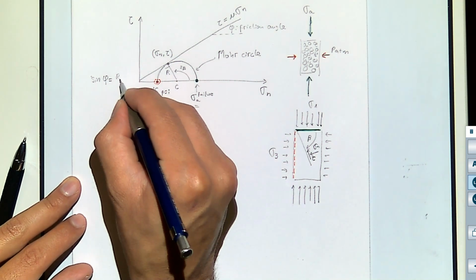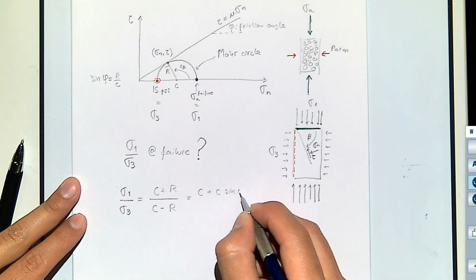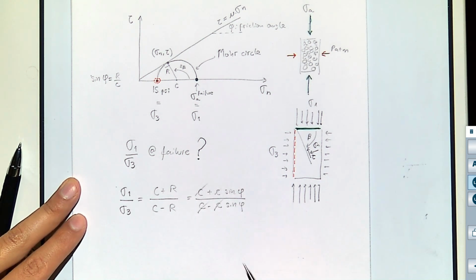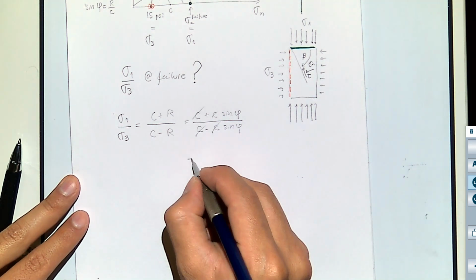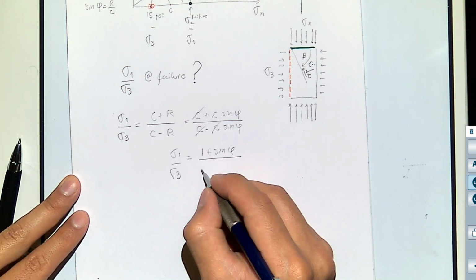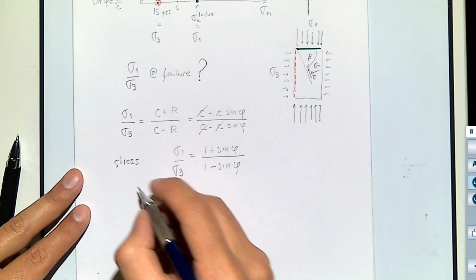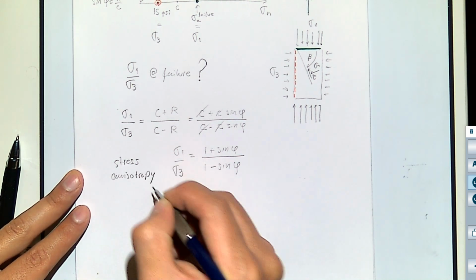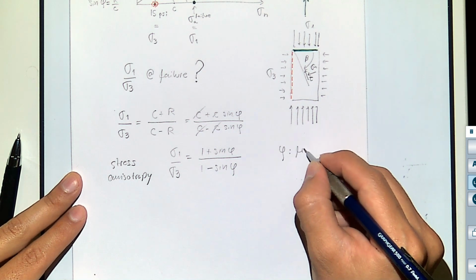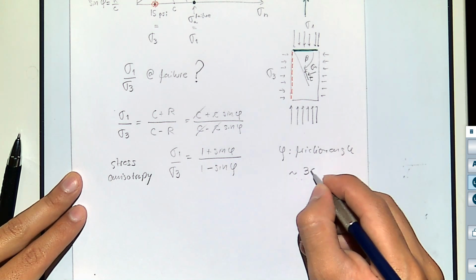So this is just going to be R divided by C. And therefore, R is going to be C times sine of the friction angle, and all the C's are going to cancel out, and the result is going to be that sigma 1 divided by sigma 3 is going to be 1 plus sine of phi over 1 minus sine of phi, and this is what is called stress anisotropy, where phi is the friction angle, and a typical friction angle is about 30 degrees.